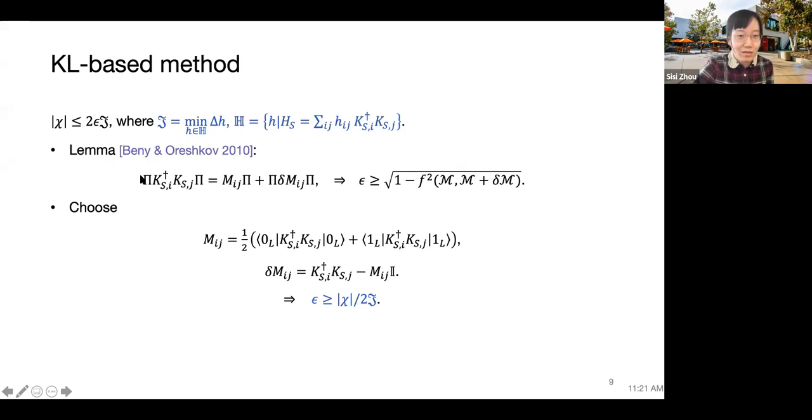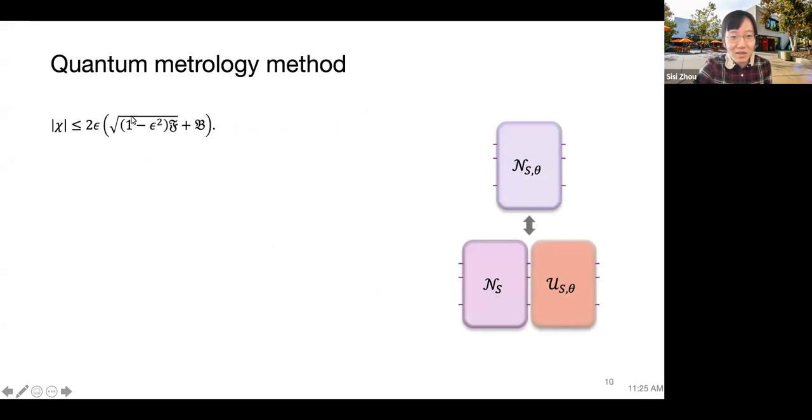On the other hand, this other bound could be derived using methods from quantum metrology. By methods of quantum metrology, basically I mean that I'm going to consider the parameter estimation of this quantum channel. So again, this US theta is the physical Hamiltonian evolution, and this NS is the noise. We're just going to consider the parameter estimation of this whole quantum channel.